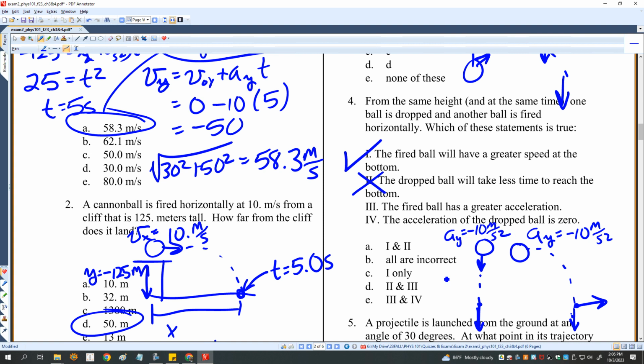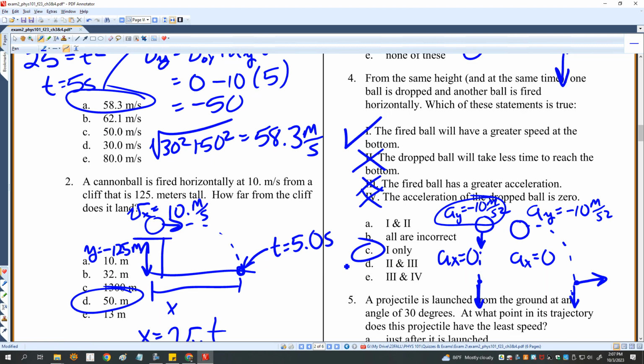And both of them have an acceleration in the x direction that is equal to 0. So they actually have the same acceleration. And the acceleration of the dropped ball is 0. That could be correct, except it does have a y acceleration. So no, that's not right. So it looks like for number 4, that's the answer.